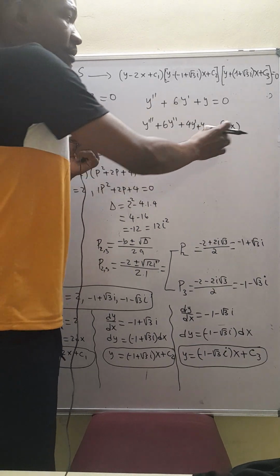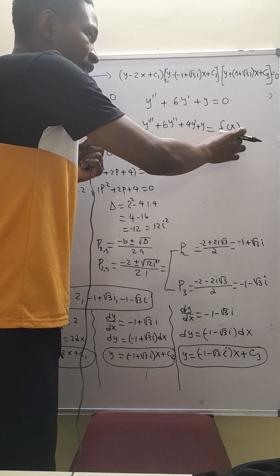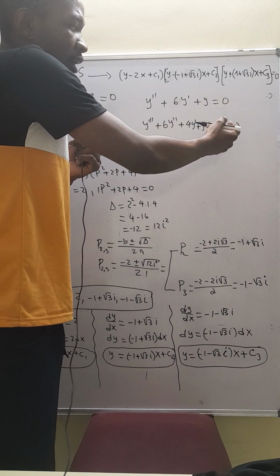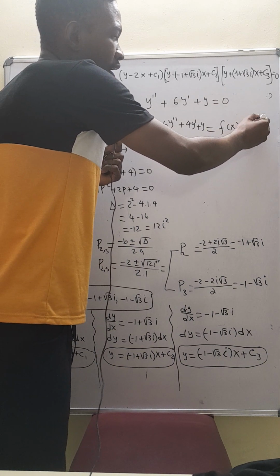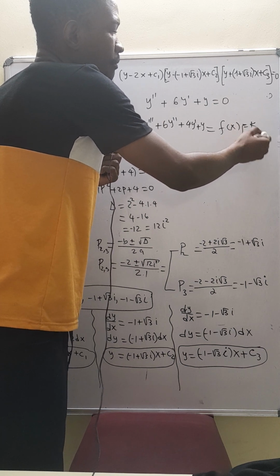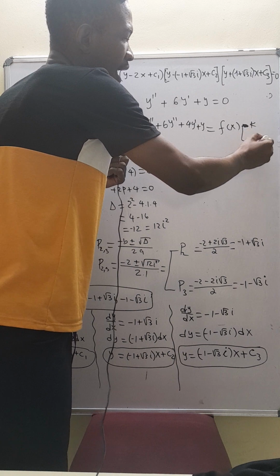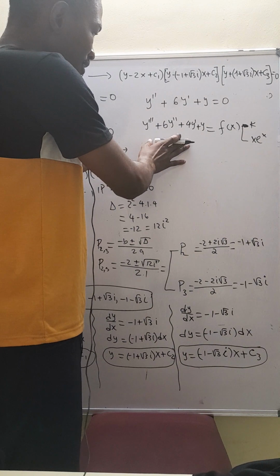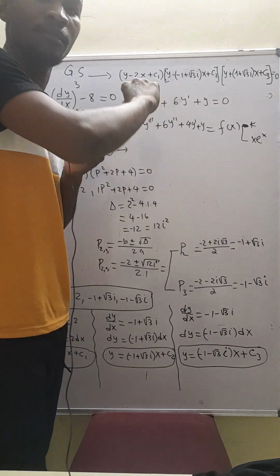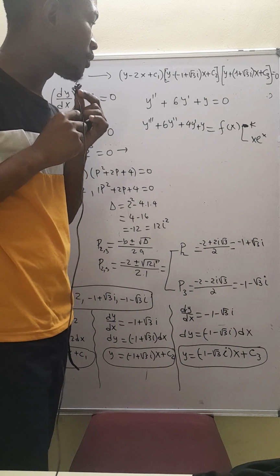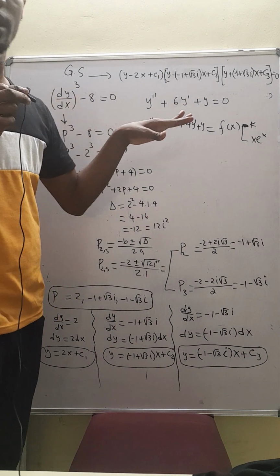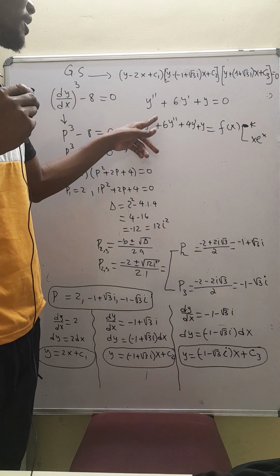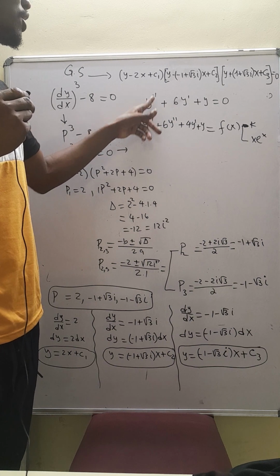A function of x can also be a constant function, like k, or it can be a non-constant function like x, Euler x, and so on. All of these are nothing more than linear higher order differential equations. It is higher order because the order of the derivative here is more than 1. Here it's 2, here it's 3.